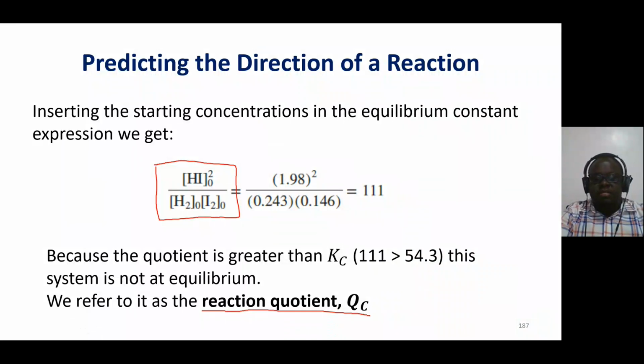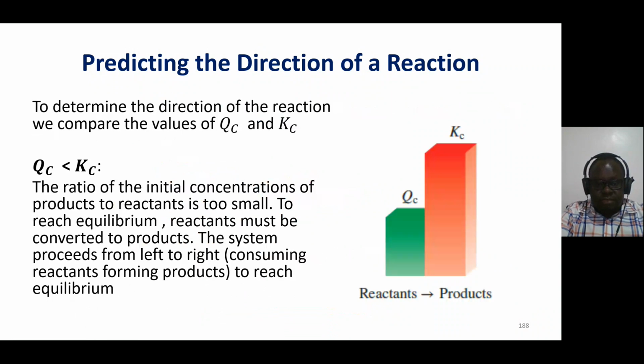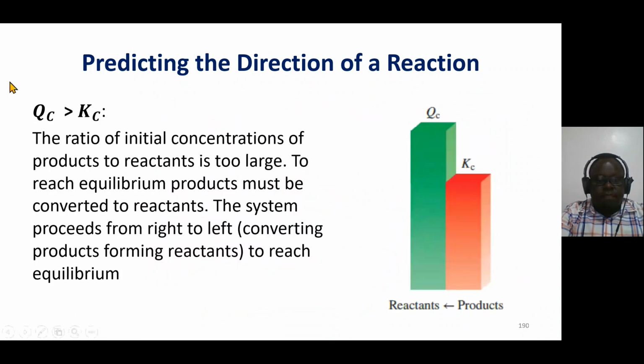So that means the reaction moves from right to left. To reach equilibrium, the product, in this case HI, must be converted to reactants, H2 and I2. The system proceeds from right to left, converting products, forming reactants to reach equilibrium.